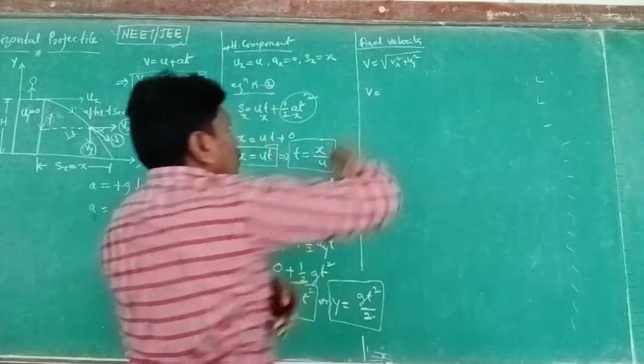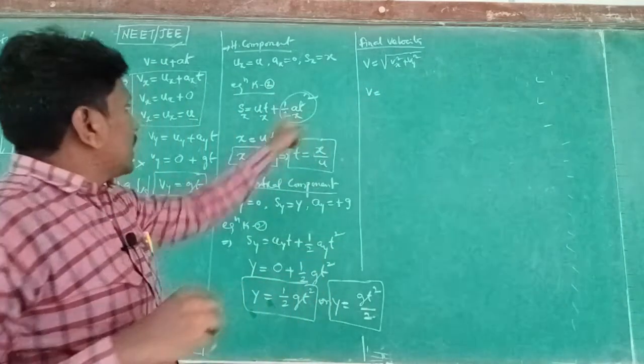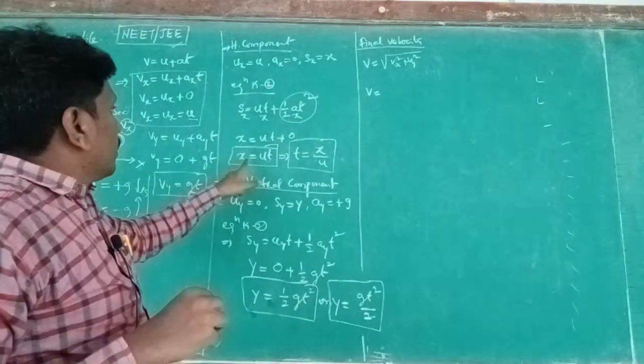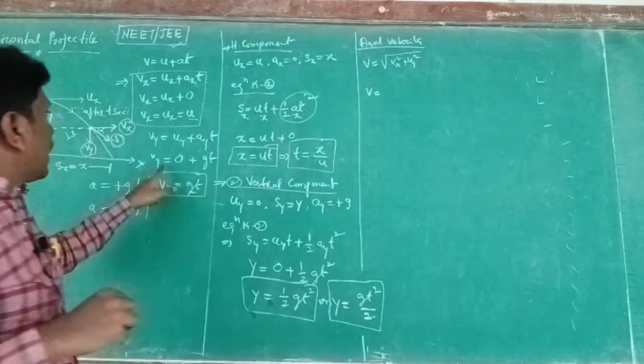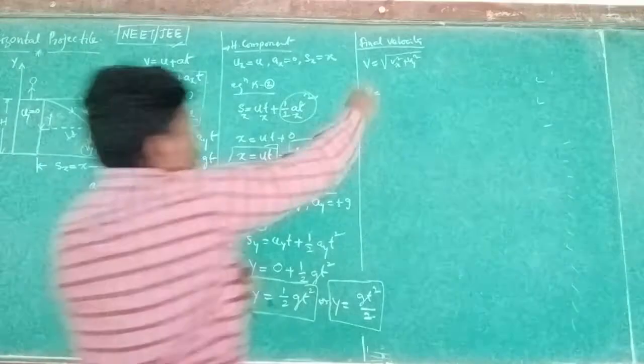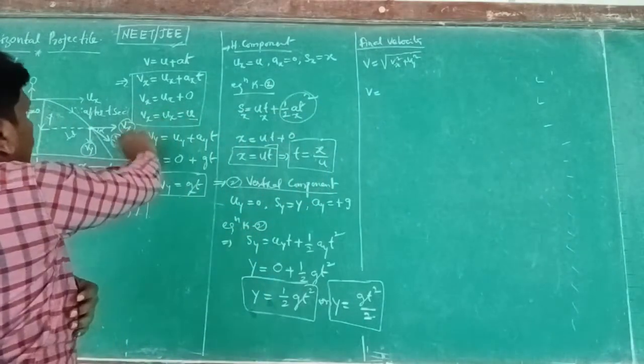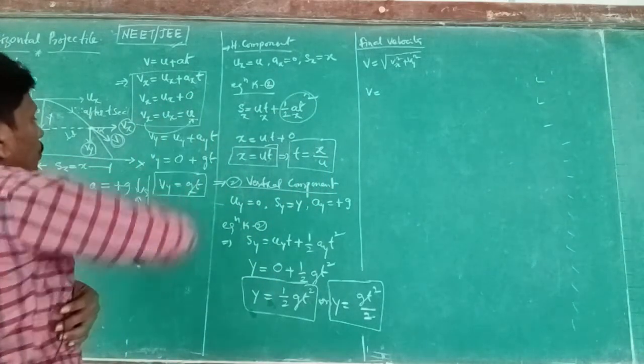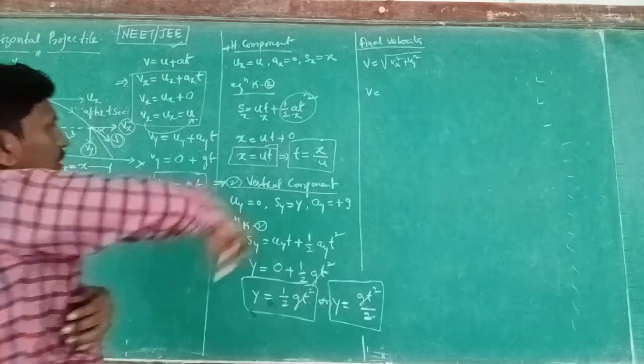Then vx is nothing but u, and vy is nothing but g into t.